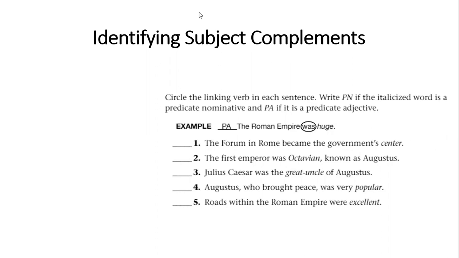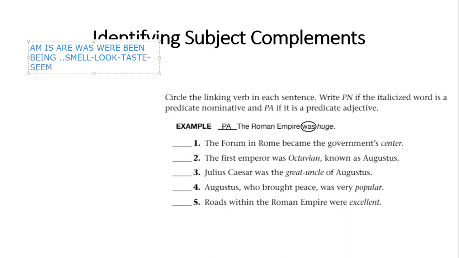We spoke before about linking verbs, and we said that we have the verb to be: am, is, are, was, were, being. We also have some other verbs that act as linking verbs, like smell, look, taste, seem. All of them work as linking verbs.